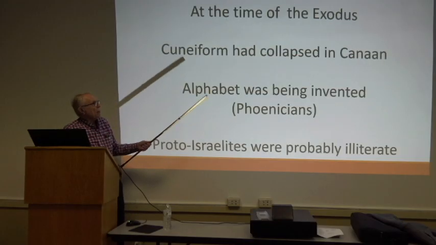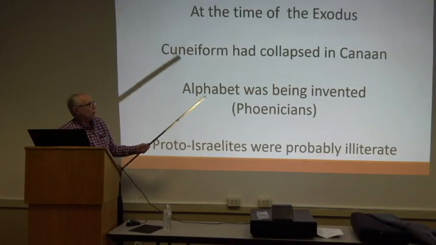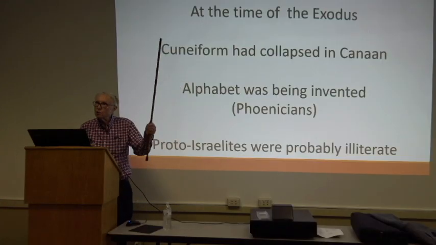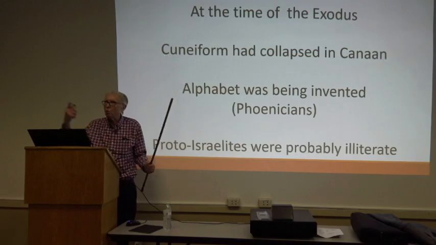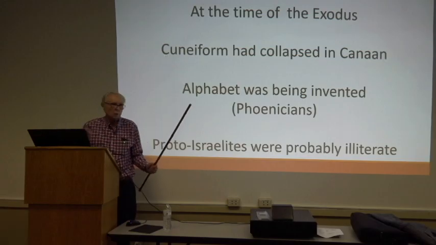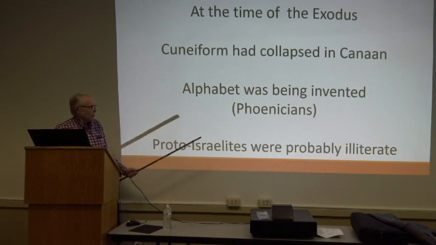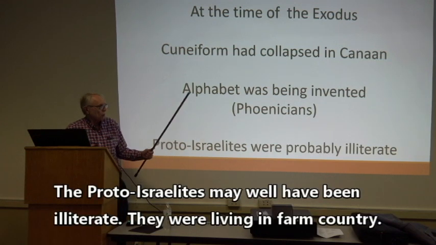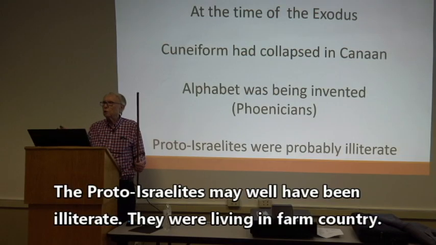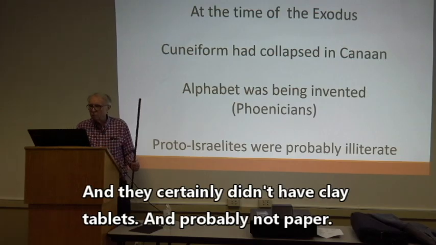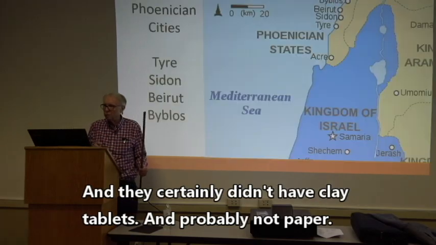So at the time of the Exodus, cuneiform had collapsed and the alphabet was being invented by the Phoenicians, from the country just north, called Lebanon, okay? Hezbollah, I guess, in modern times, where it is. The proto-Israelites may well have been illiterate. They were living in farm country, and they certainly didn't have clay tablets and probably not paper.